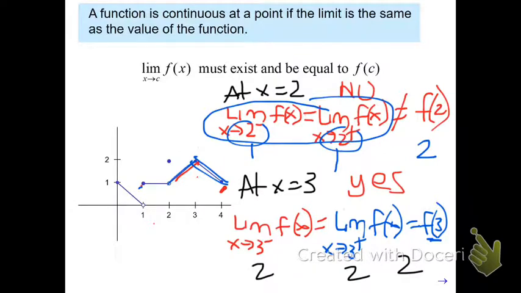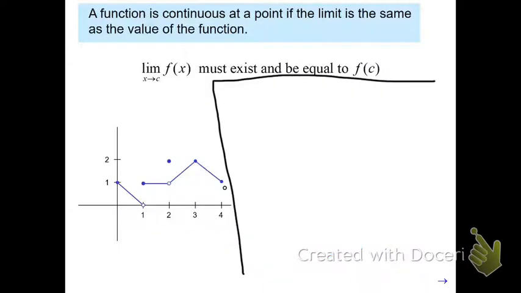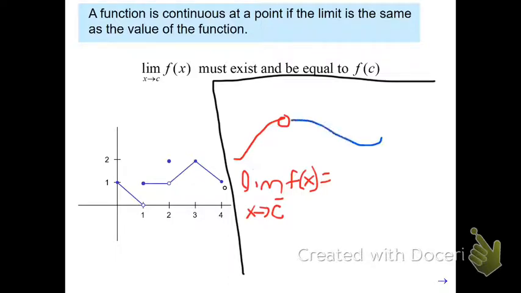Okay? So, one more time, let me summarize the definition of continuity for you. Ignoring this specific problem, in general, the left-hand limit as x approaches some number that we'll call c has to equal the limit as x approaches that same value from the right.